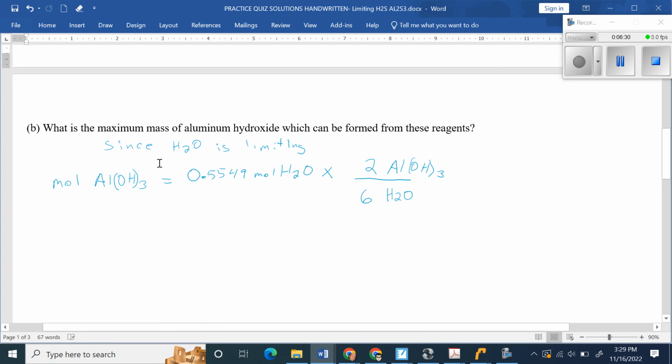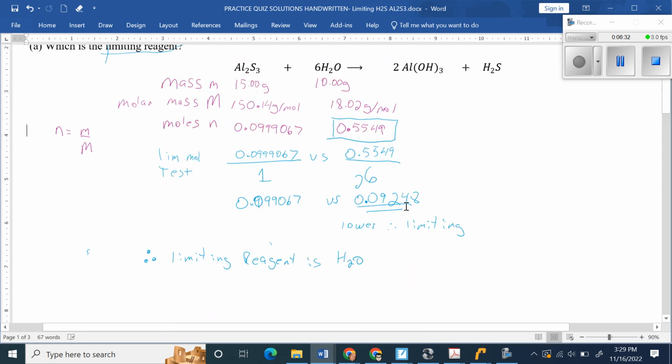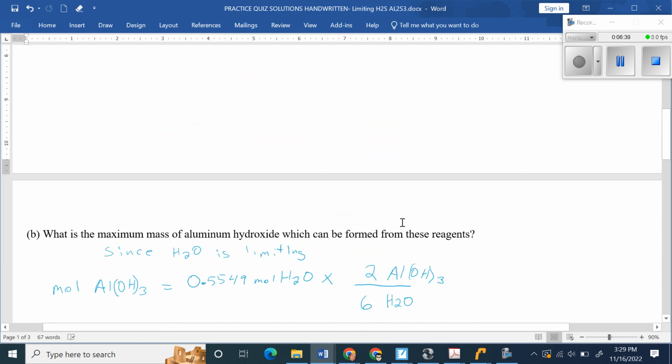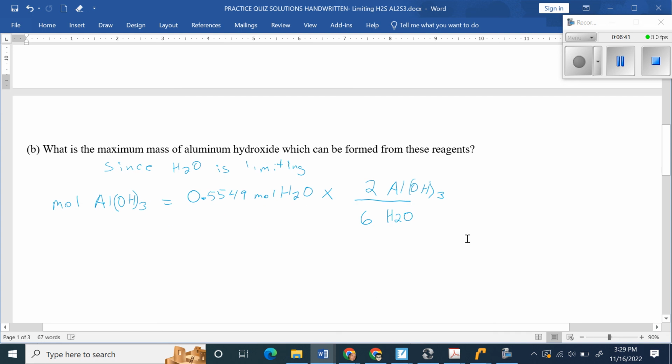I found those numbers, that 2 to 6 ratio here. It's a 2 to 6 ratio in this reaction. Okay, so that'll give me the moles, which is 0.18497, and just keeping a few extra digits always as we're doing these in-between steps, right?